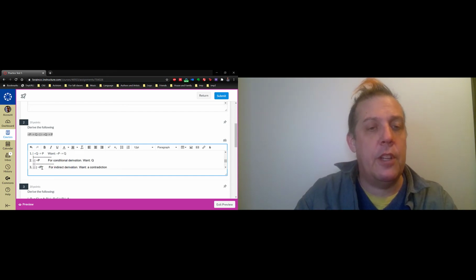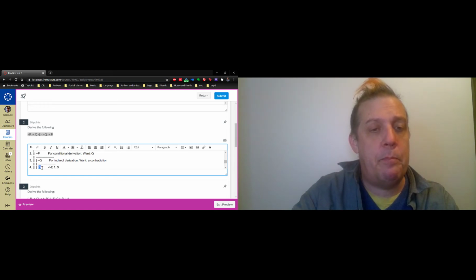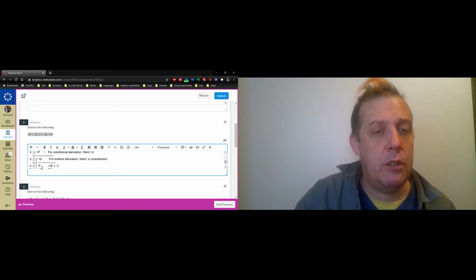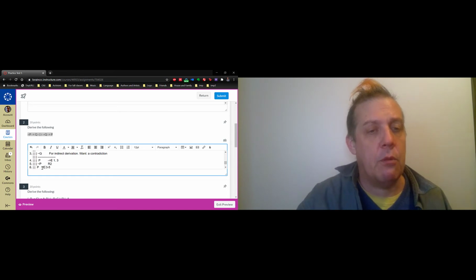And then for the indirect derivation, we're going to have not Q. And then we get P from lines 1, which is not Q implies P, and line 3, which is not Q. And then we can get not P here. And again, we're still repeating 2. It's just that the roles have switched around.